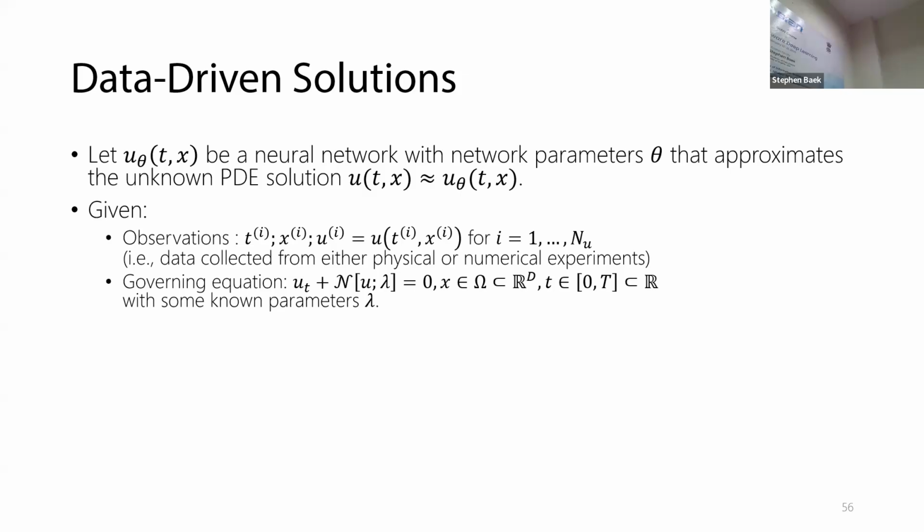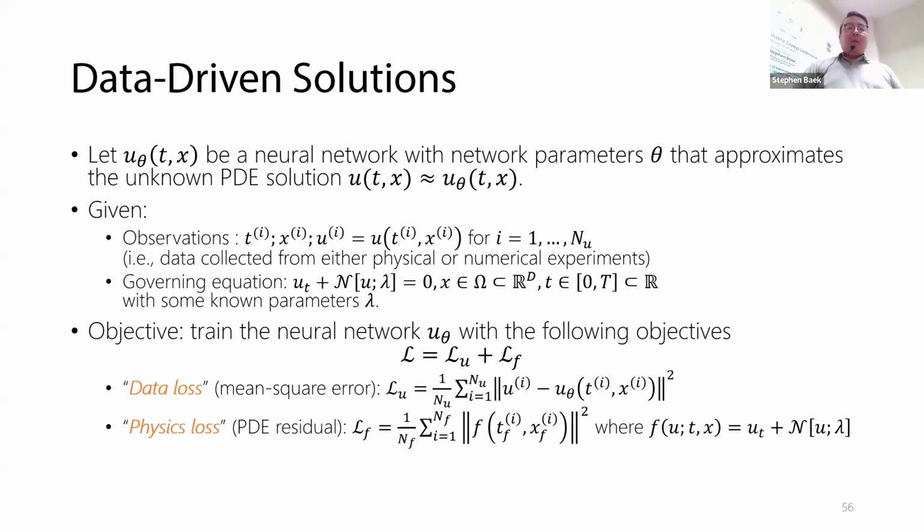And then another thing that must be given to do the data-driven solution is the equation, including, actually not some, but the entire set of parameters must be given so that you can define the physics informed loss term, right? Those two are the most crucial things to define the loss term for the training of PINN.